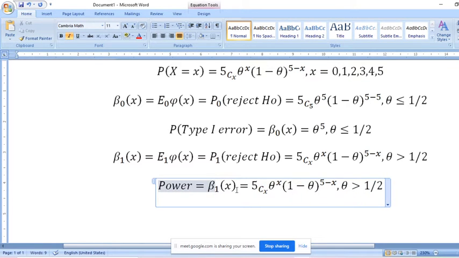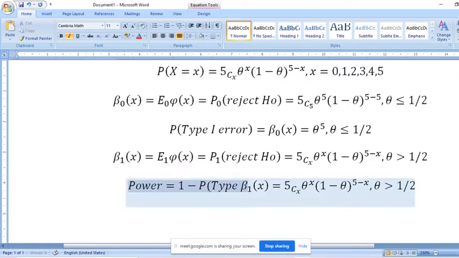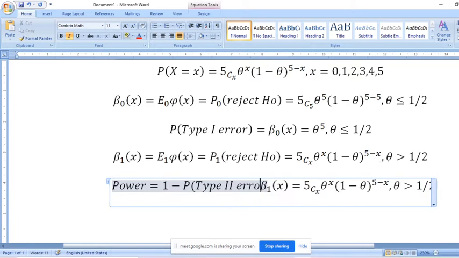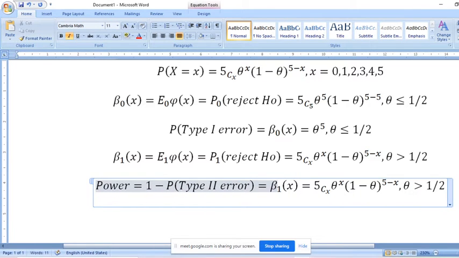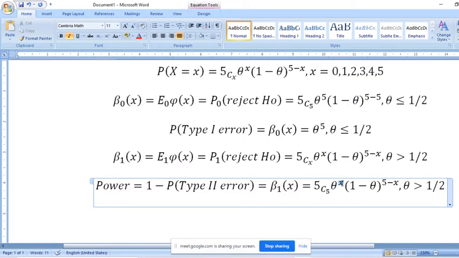Power equal to beta 1 of x. Power is exactly equal to 1 minus the probability of type 2 error, so that is exactly equal to beta 1 of x. As in the previous case, we can use 5 instead of x. So what will be the result?